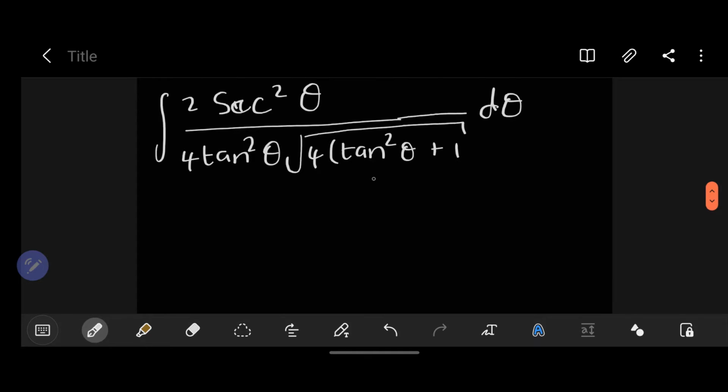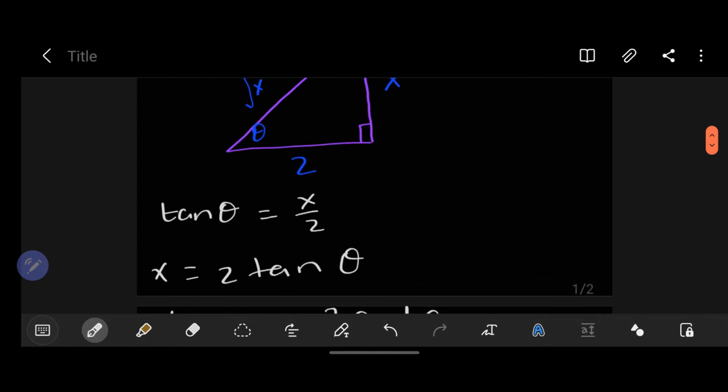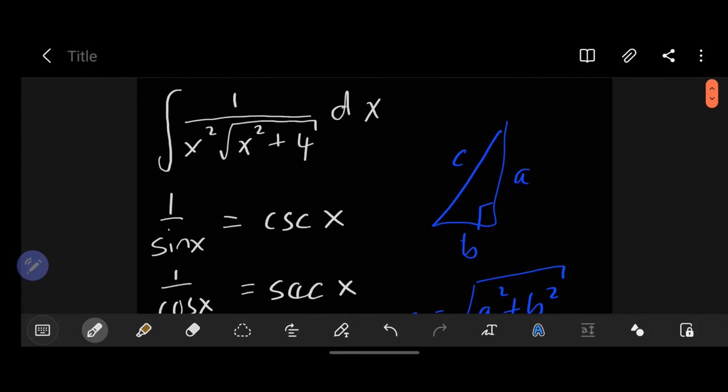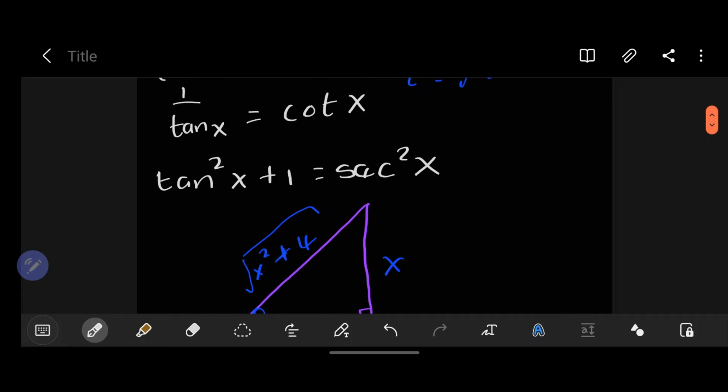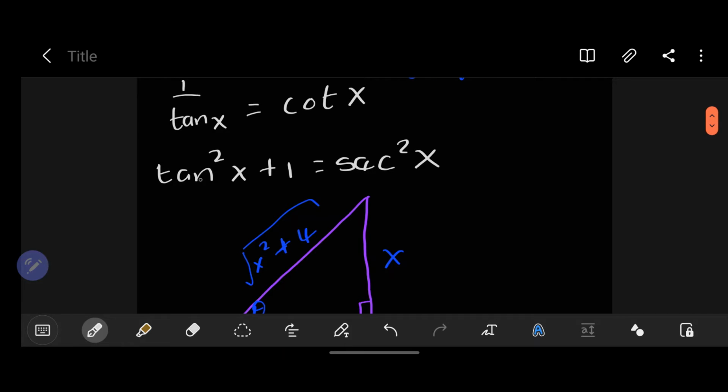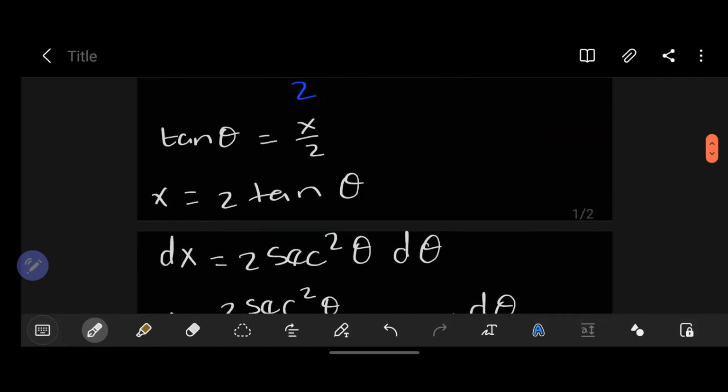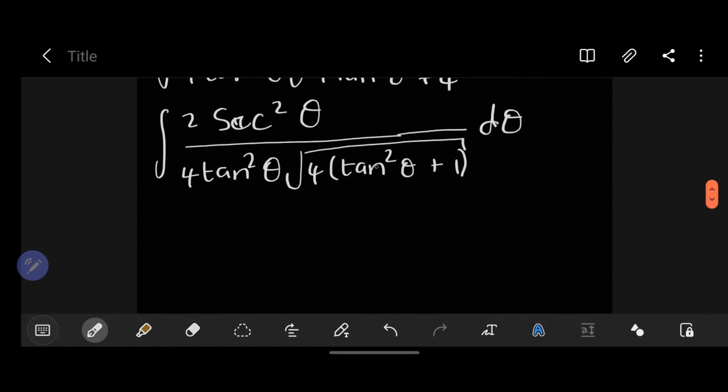So now when I have this, I can simply change tan squared theta plus 1 into secant squared theta. We saw tan squared x plus 1 is equal to secant squared x. So tan squared theta plus 1 is equal to secant squared theta.